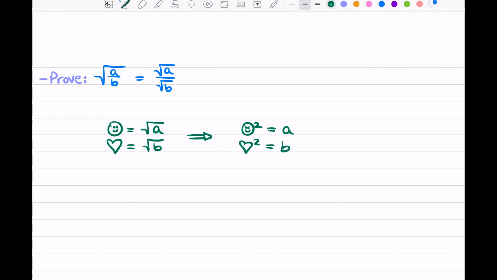So this is where the proof changes. When we were proving the multiplication rule, we multiplied the pieces on the left side and the right side. Well, this time we're going to divide. Smiley face squared divided by heart squared equals a over b.